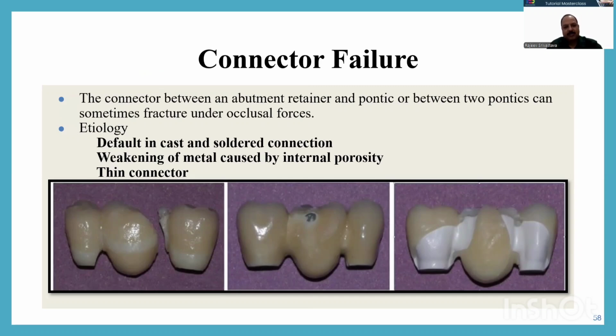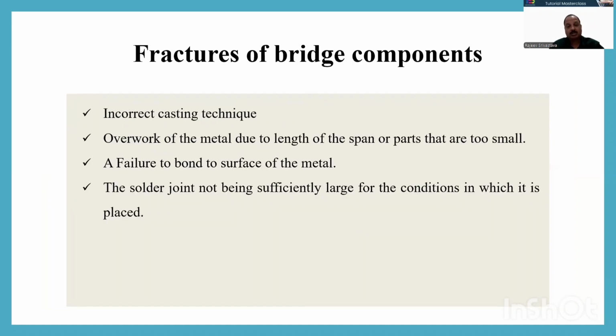Now, sometimes it can fracture, maybe because the connector is thin, maybe because there is a casting defect, maybe because there is an internal porosity, maybe because there is improper buildup of the porcelain over the metal core structure, or if you have thinned the metal too much to give a good aesthetic of a ceramic over the metal substructures.